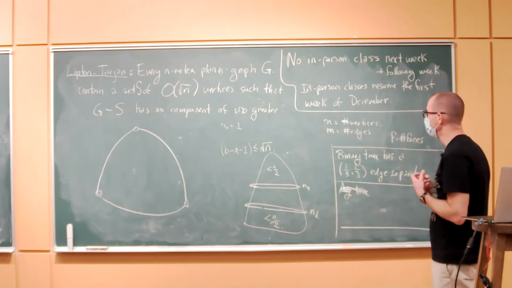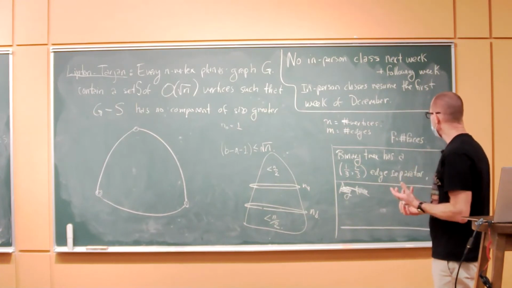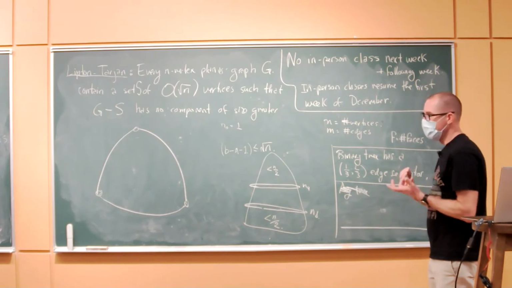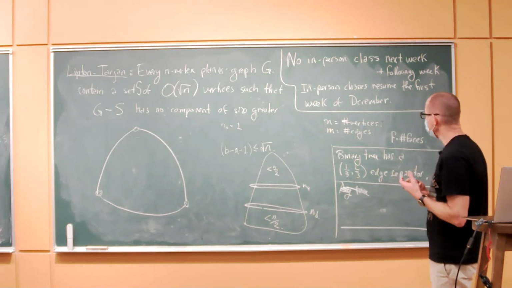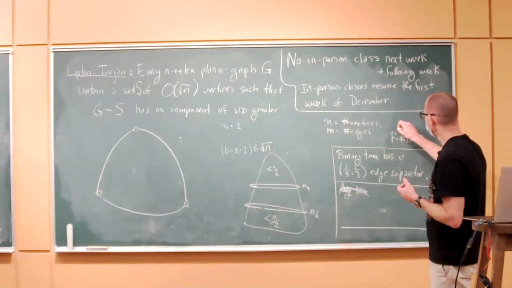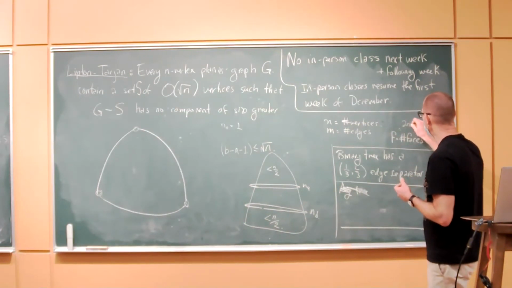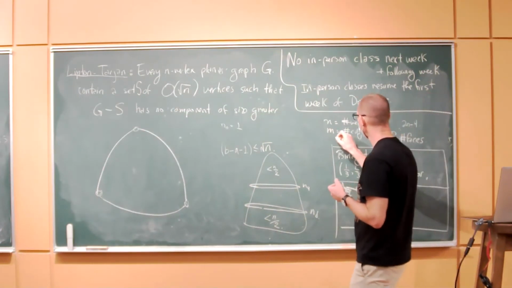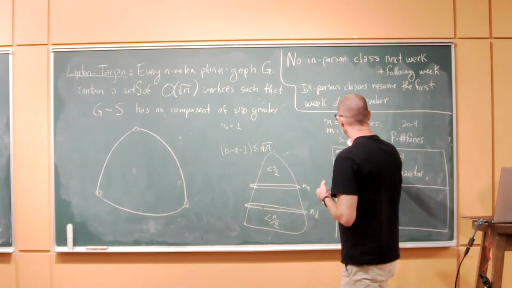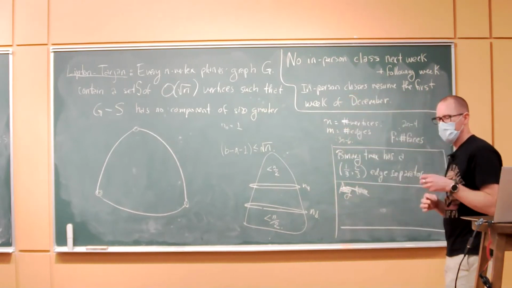That matches that bound that we talked about. And I know that every face is a triangle, and I even know the number of faces will be 2n minus 4. You can get both of those things from Euler's formula. That's when you have as many edges as possible.